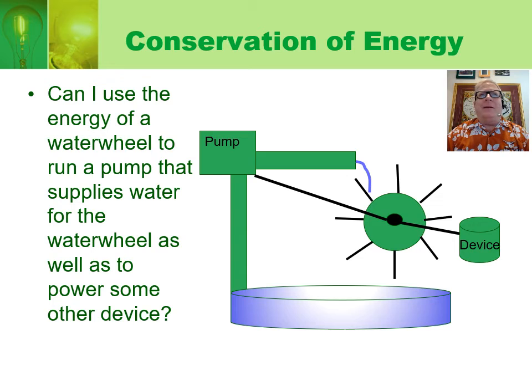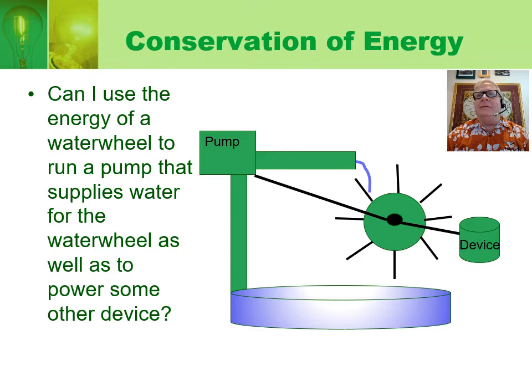Here's another example of kind of the same thing. The question I ask here is, if you have this water wheel, and the water wheel is being powered by water that has been pumped up to a high place by the pump, can I use the energy from the water wheel to not only run the pump to pump the water back up to run the water wheel, but can I also use some extra energy coming out of this to work this device?